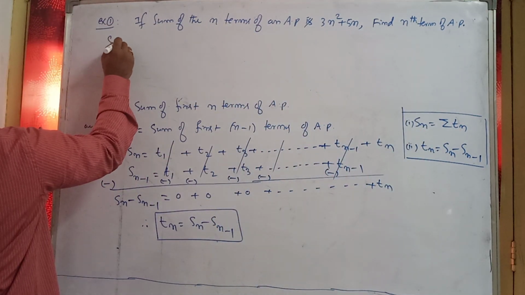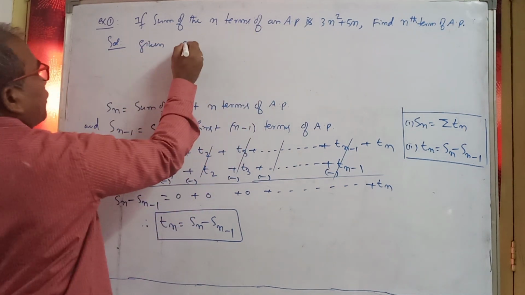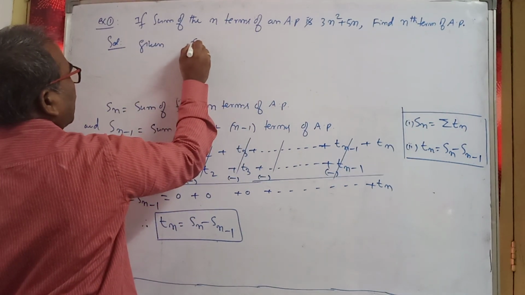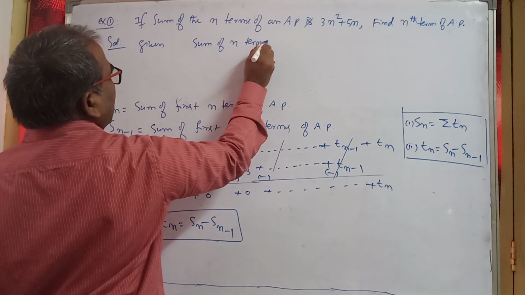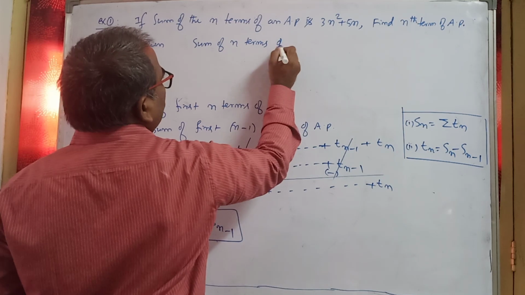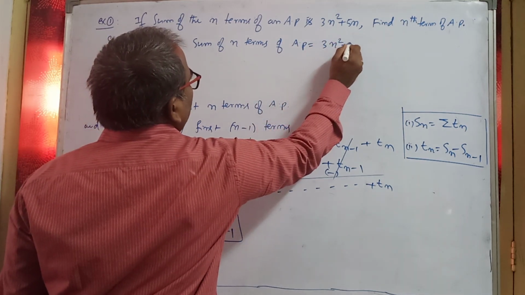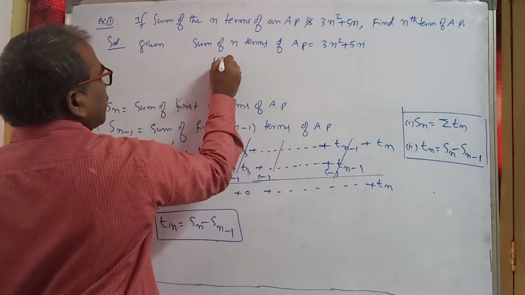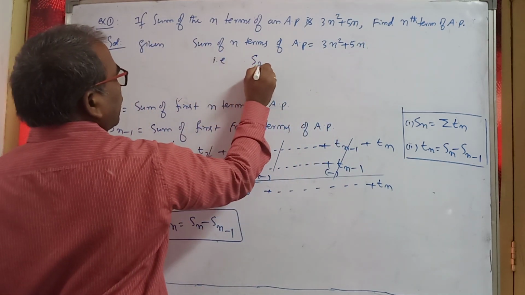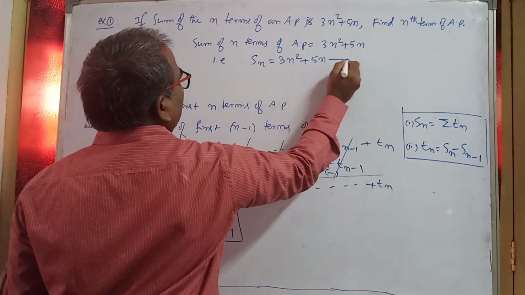So solution. What is given? Sum of n terms of AP is given. Always write first what is given. Given that the sum of n terms of the AP is 3n square plus 5n. It is nothing but Sn is given as 3n square plus 5n.